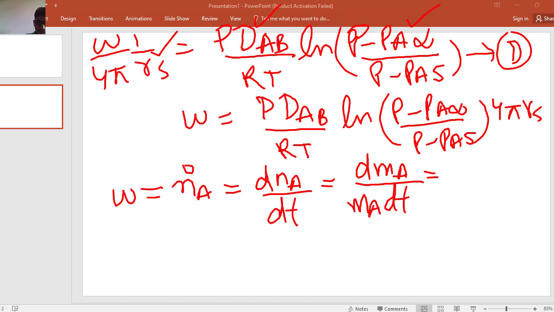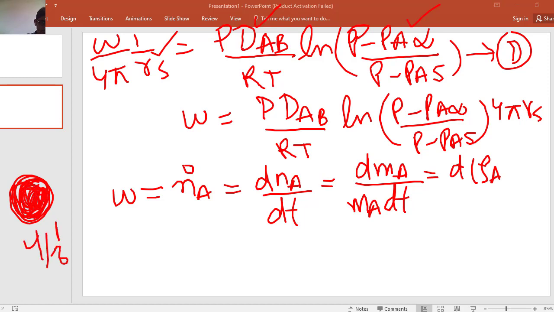So the density of water into the volume of the water droplet. The droplet is spherical, so the volume of the sphere is 4 divided by 3 pi RS cube, and the density of water is rho A, which is 1000 kilogram per cubic meter, which is constant.